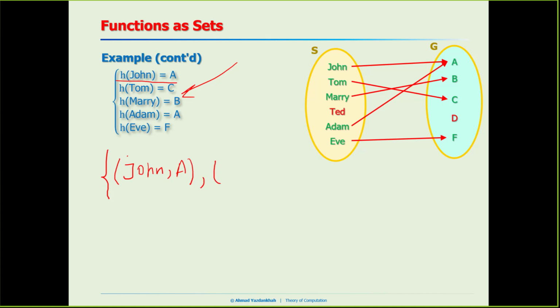And how about Tom and C? Yeah, the same thing. Tom and C, and so forth, right? Is this possible? Yeah, it is possible. So we can look at the functions from different angles and use sets to represent a function and its rules, right?